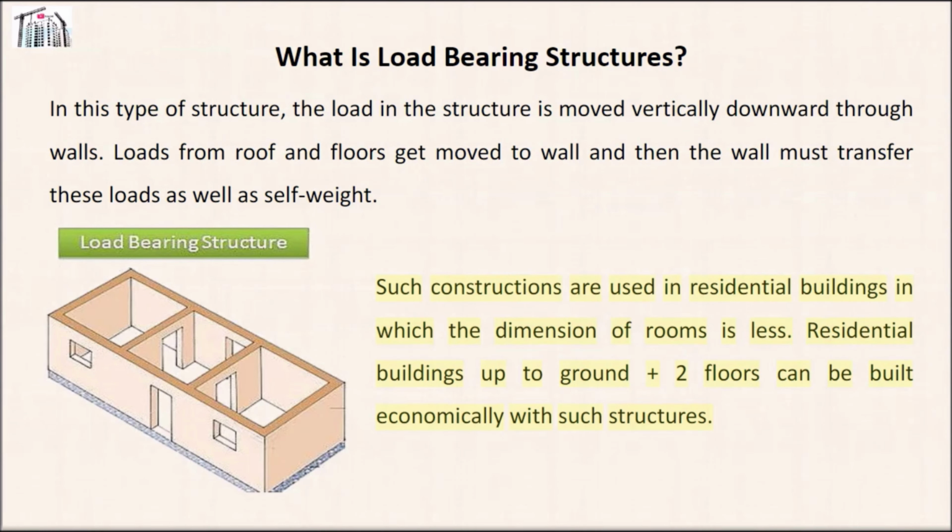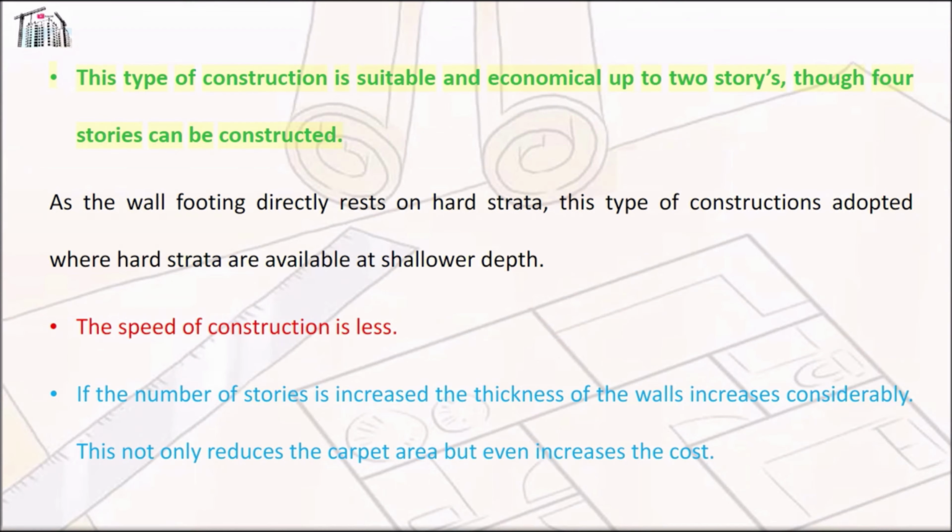Such constructions are used in residential buildings in which the dimension of rooms is small. Residential buildings up to ground plus 2 floors can be built economically with such structures. This type of construction is suitable and economical up to 2 stories, though 4 stories can be constructed.